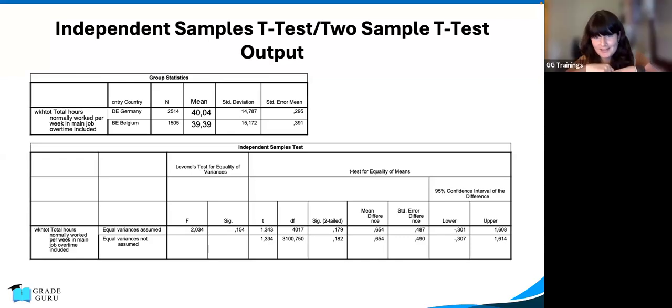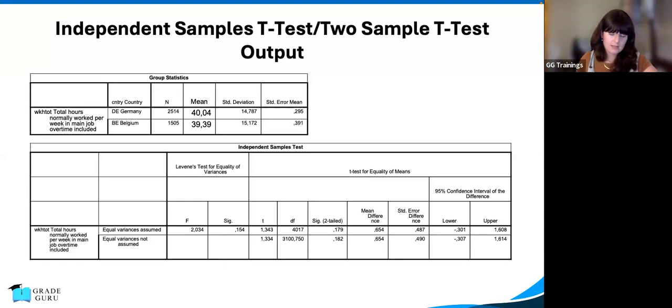It's not that it doesn't matter, it's that you don't have to conclude on it. You don't have to write out a conclusion for your Levene's p-value. But say, for example, you don't bother with Levene's at all, you just completely ignore it. Well, then when you look at your t-test, you've got two p-values. Which one do you choose? Do you choose 0.179 or 0.182? How do you know? Because both of them are insignificant, because they're both higher than alpha.